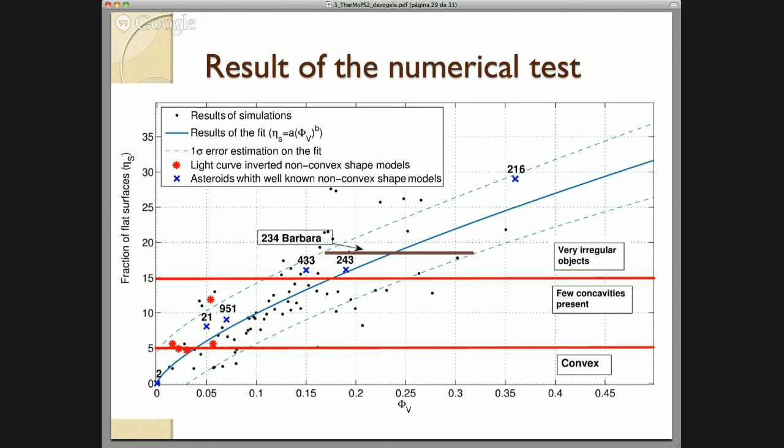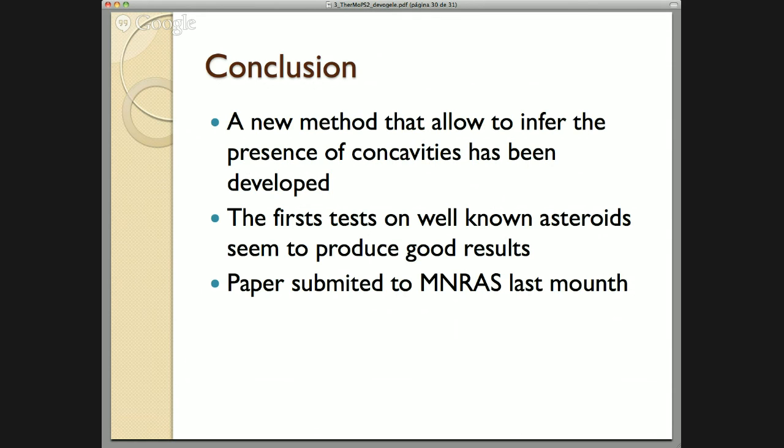So in conclusion, a new method that allows inferring the presence of concavities has been developed. The first test on Barbarian asteroids seems to produce good results, and a paper about this was submitted last month.